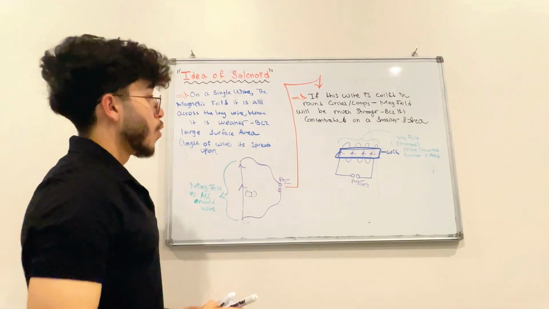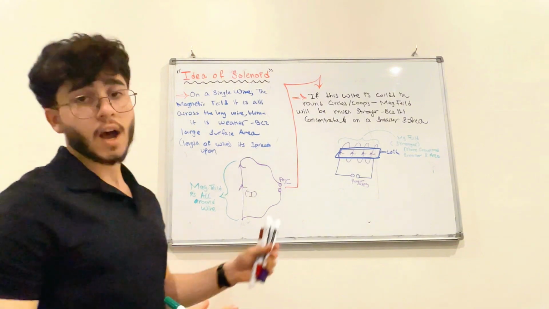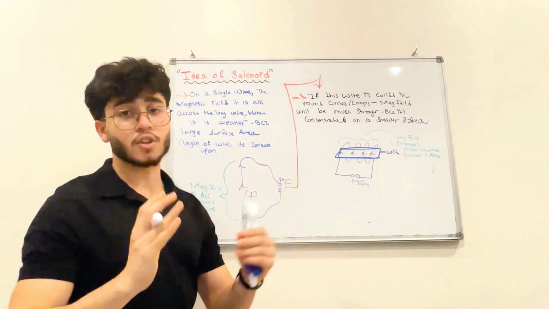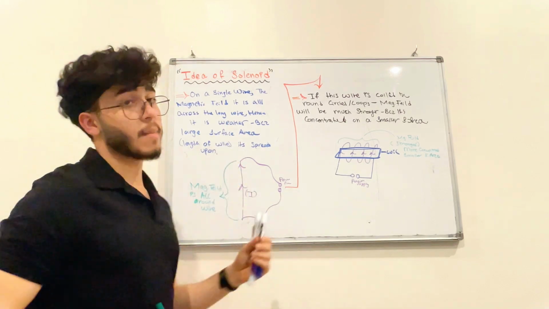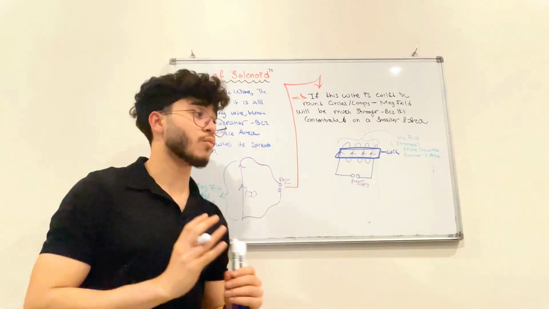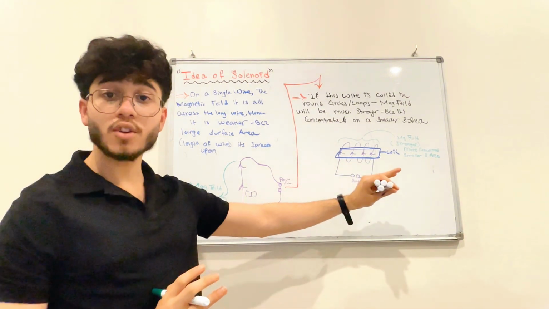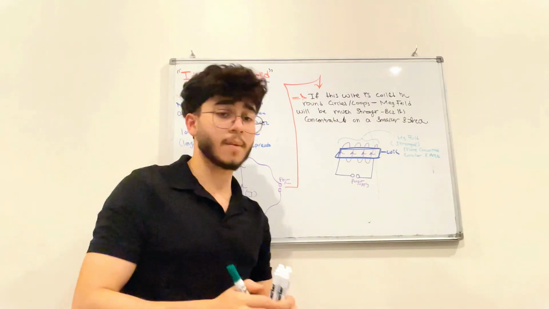So what I've done over here is that I have basically taken the wire and decreased the surface area of the wire. Because I decreased the surface area of the wire, the magnetic field lines have become much more dense. And we know that when the magnetic field lines are dense, what happens? It produces a stronger magnetic field.